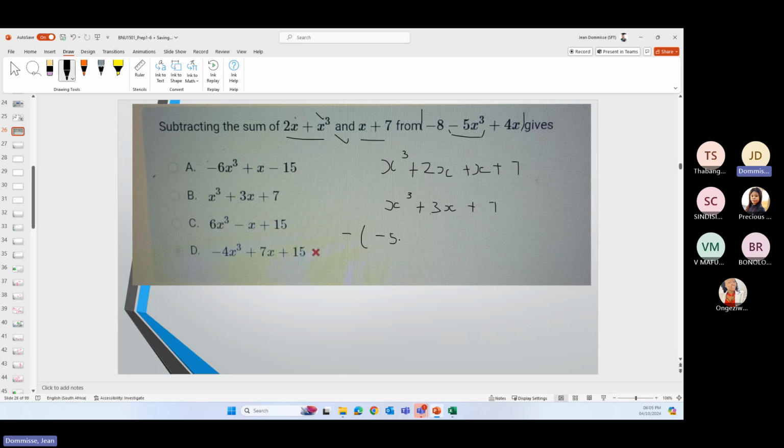Minus 5x to the power of 3 plus 4x minus 8.